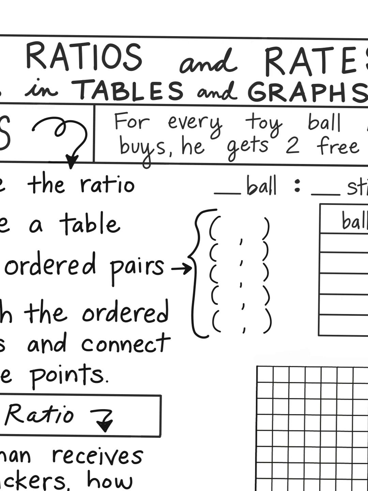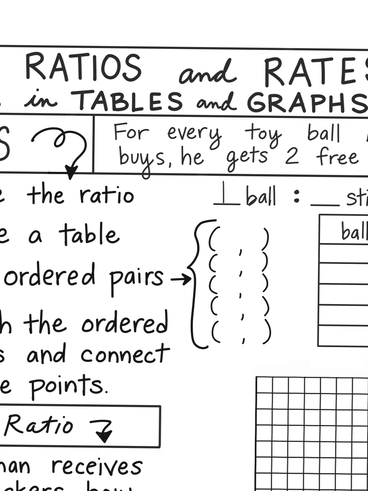So the first thing you're going to do is write your ratio. So for every one, I'm going to change my color so it stands out more. For every one ball, there are 2 free stickers. So now I'm going to make my table.